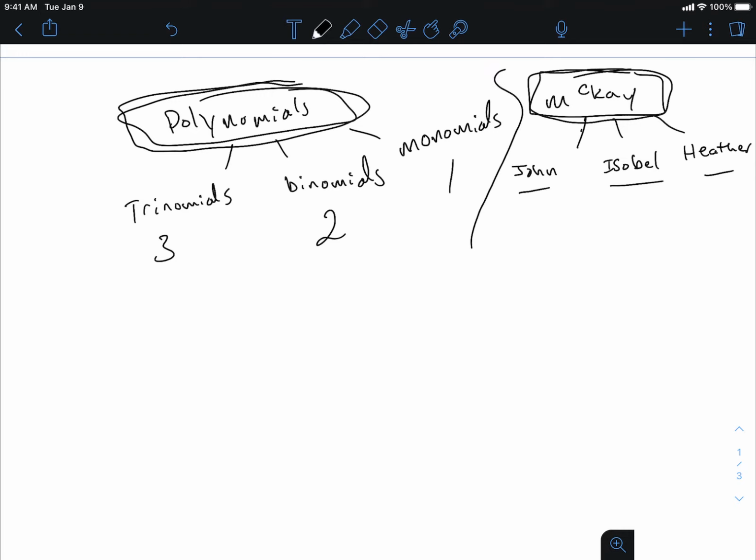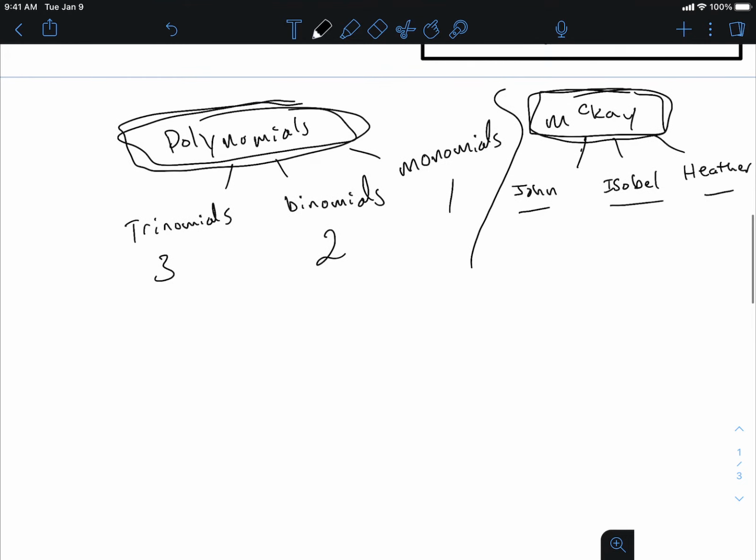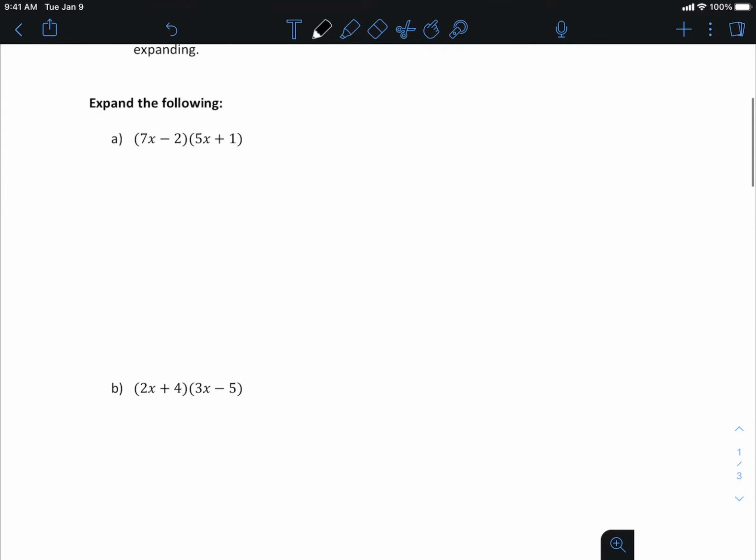Anybody have any questions? I'm just going to use these terms. I just want everybody to not freak out by this fancy word. It doesn't really mean too much, aside from the fact that it's a family of algebraic expressions. Again, those are all just words. It'll mean more in a sec when we actually start working with some questions.